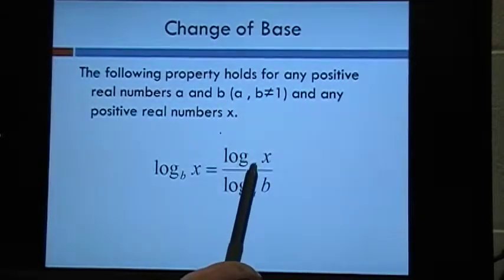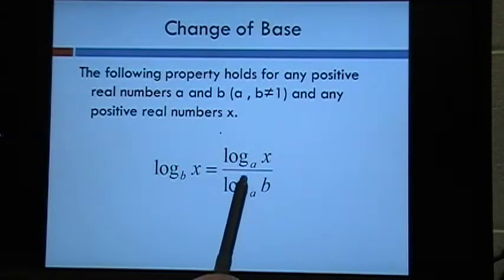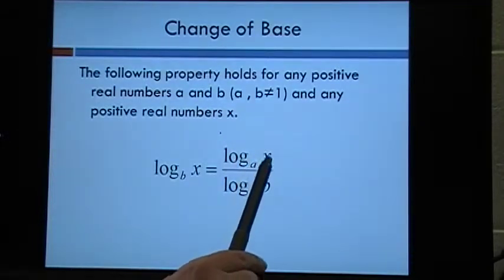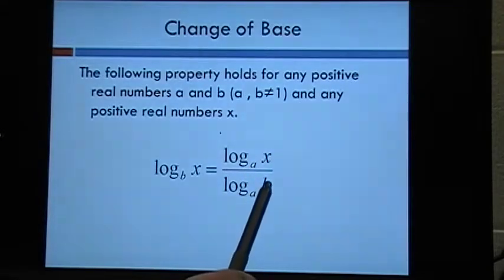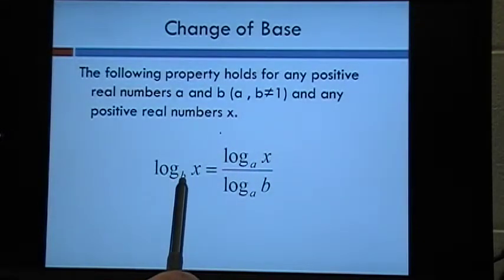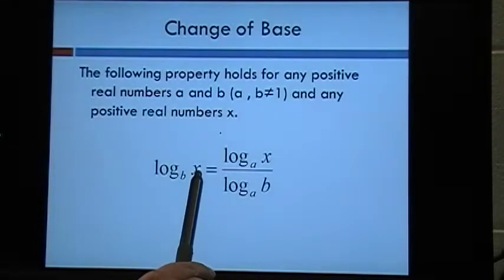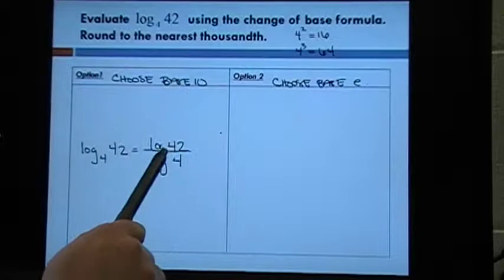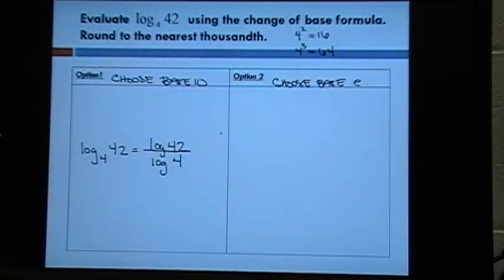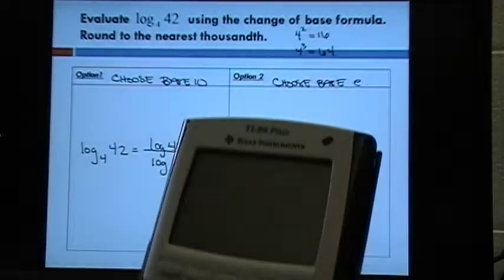So I chose a to be 10, so I have log base 10 of 42 divided by log base 10 of 4, because 4 was my base and 42 was my argument. But because I use base 10, we don't usually write base 10. I chose base 10 because I have a base 10 button on my calculator.